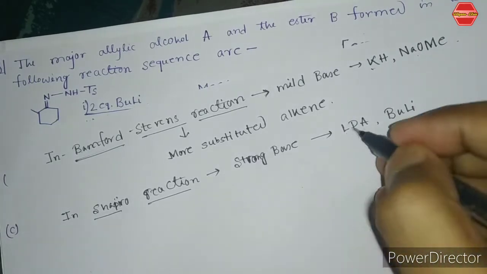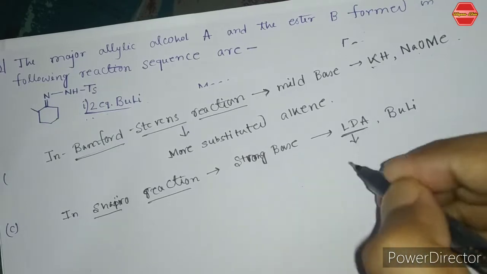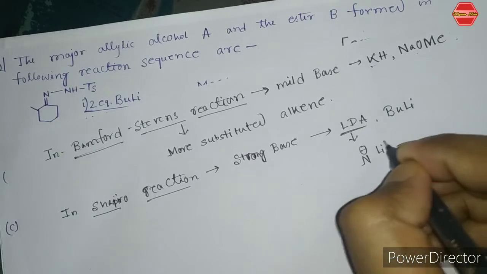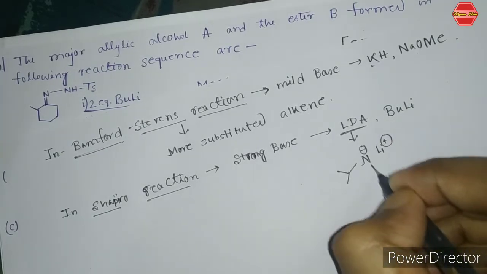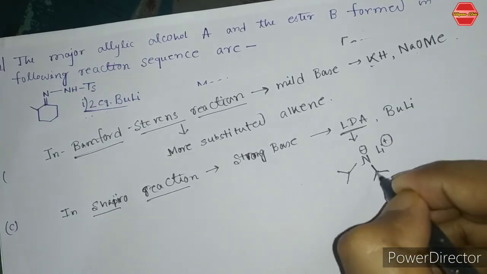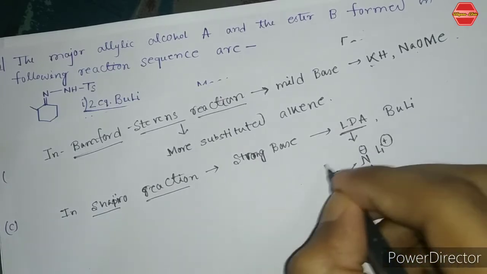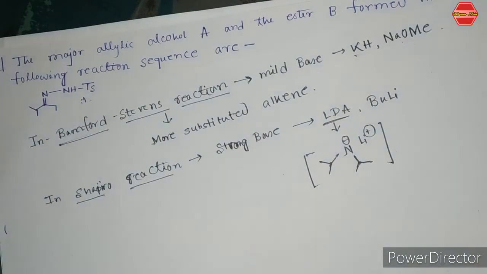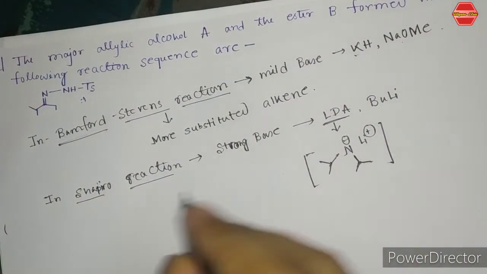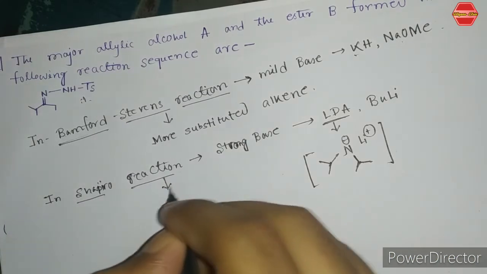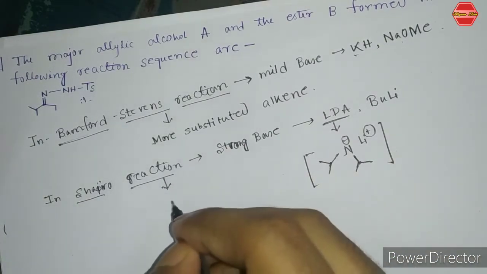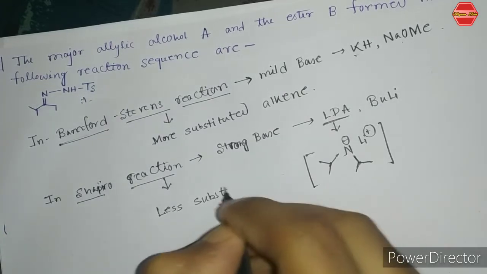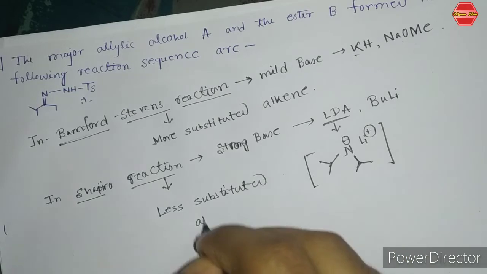You may know the structure of LDA, and that is this one. I also made a video previously where I discussed the structure of LDA. And in the Shapiro reaction, they always form the less substituted alkene.